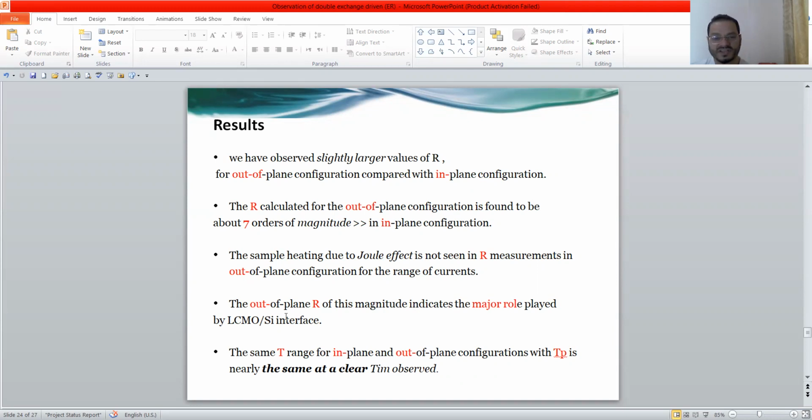The same temperature range for in-plane and out of plane configuration, with peak temperature nearly the same, and the material insulating transition is observed.